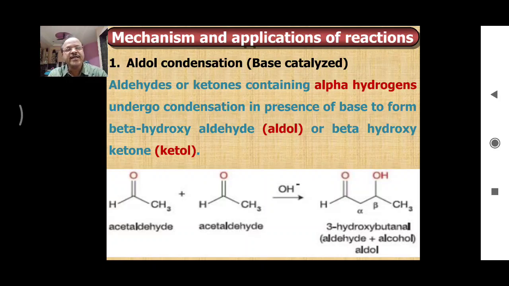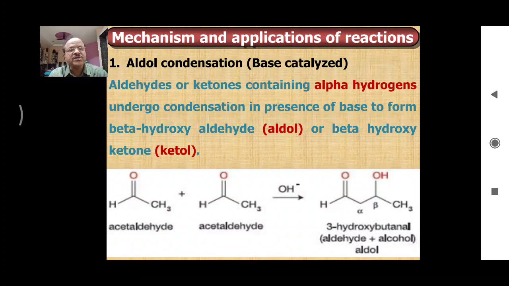Now if you look at acetaldehyde, these three hydrogens which are linked to this carbon are alpha hydrogens and they are acidic due to the negative inductive effect created by the carbonyl group.